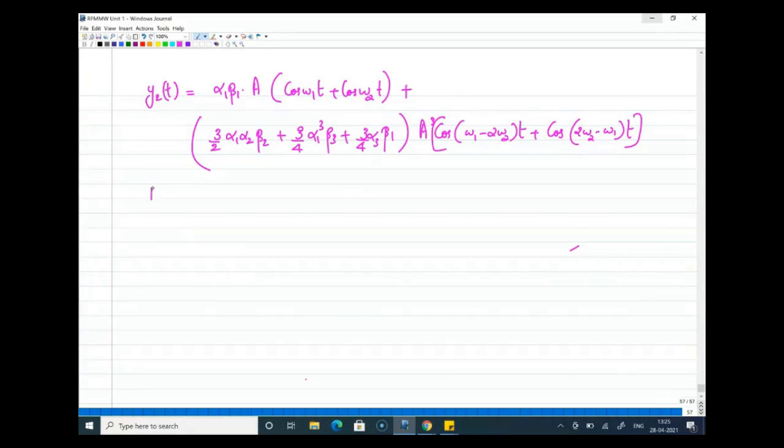So with this, if you write IIP3, I'm just repeating what we have done before. We know the expression is 4 by 3 into alpha 1 by alpha 3.